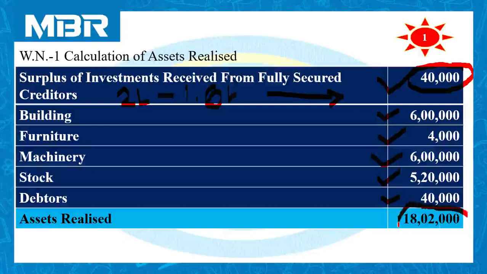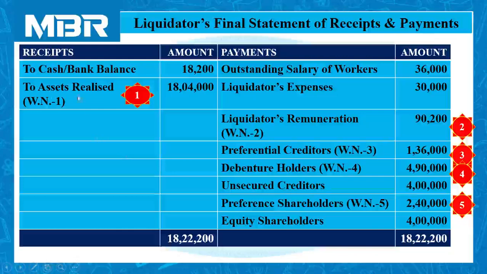In this way, total amount realized by the liquidator from all the assets is rupees 18 lakhs 2,000, and this is required to transfer on the receipt side to assets realized.